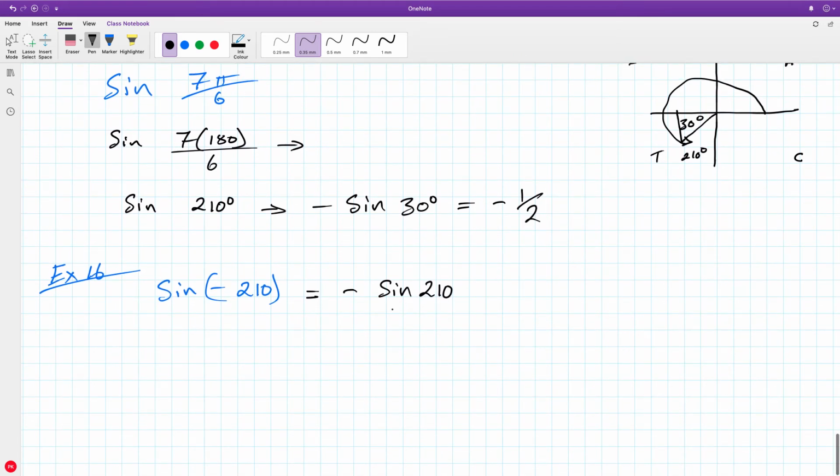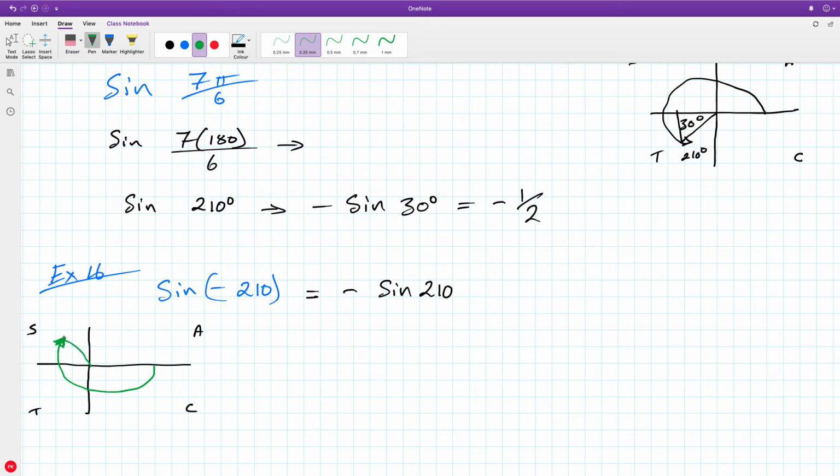With that then, we say, our unit circle here, C, A, S, T, 210 degrees this way, because it's a negative angle.